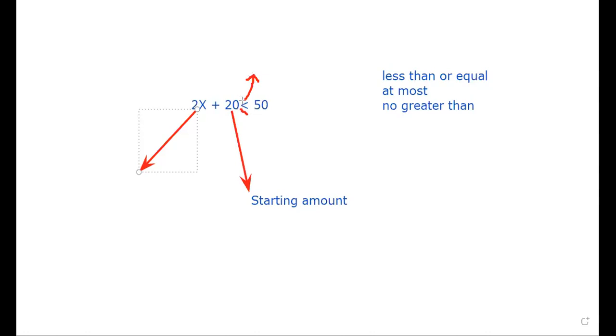We said that we can translate this sign as less than or equal, or we can use at most, or no greater than, or we can say the maximum value which we can use in this question is 50, right? So we will go back now to the question.